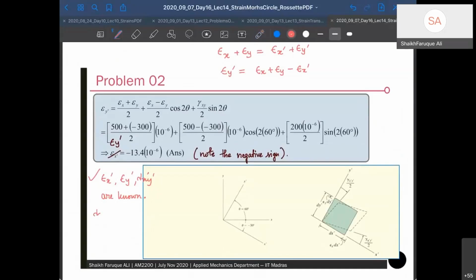Gamma xy is positive, meaning along OX, it is anti-clockwise rotation, gamma xy by 2, and clockwise along OY.